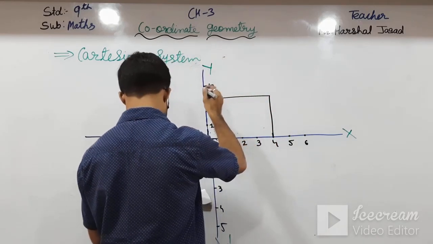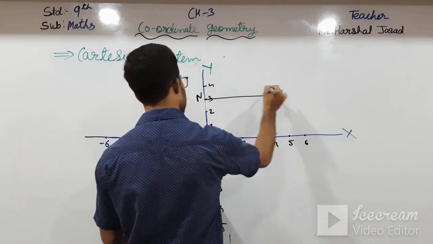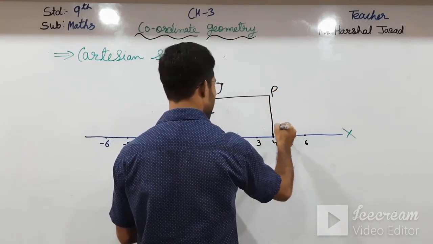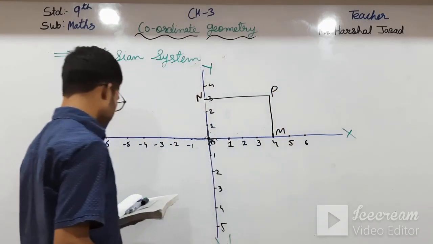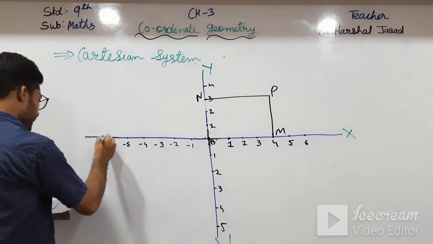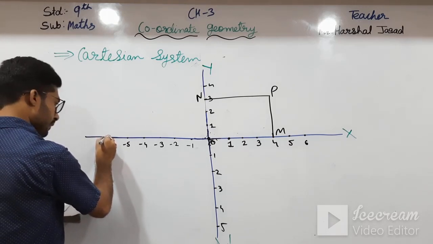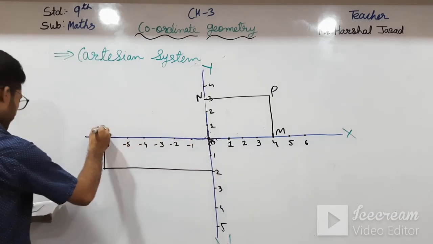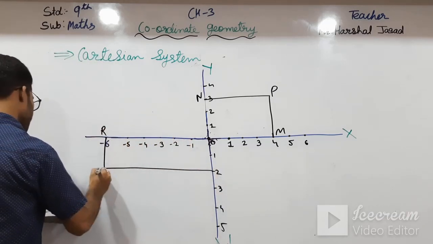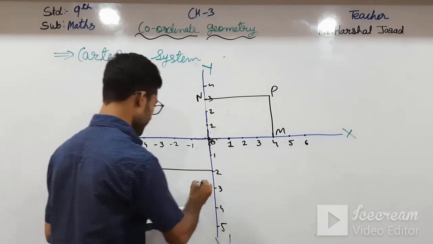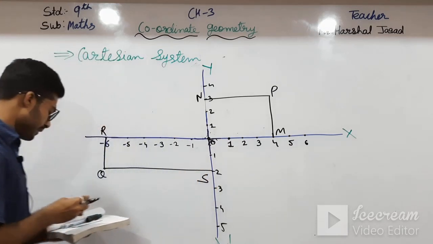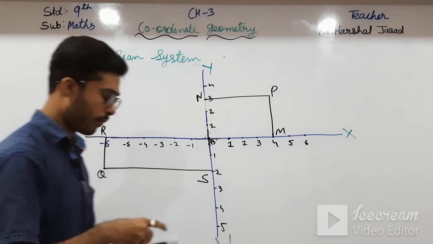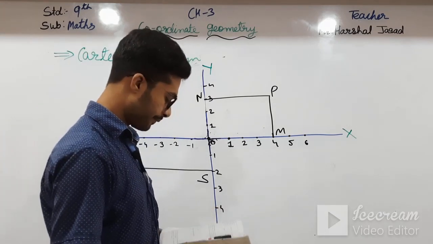I have drawn NPM perfectly, and here it is from 6 to -2, RQS. Okay students, now let us read one by one point and explain this.